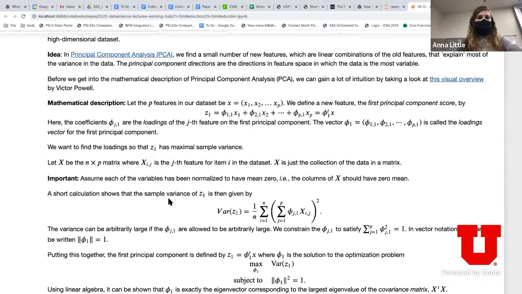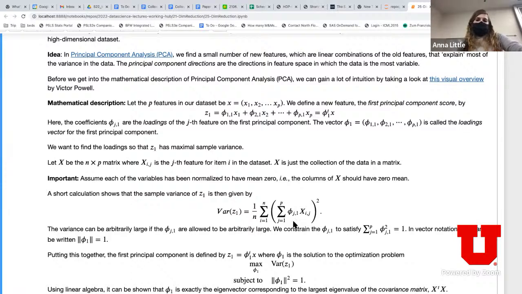Well, if you do that, a short calculation will show that the sample variance of this new feature, Z1, is equal to the following right here. We're taking the average over points of this thing right here. And we want to find a feature that has a large variance.